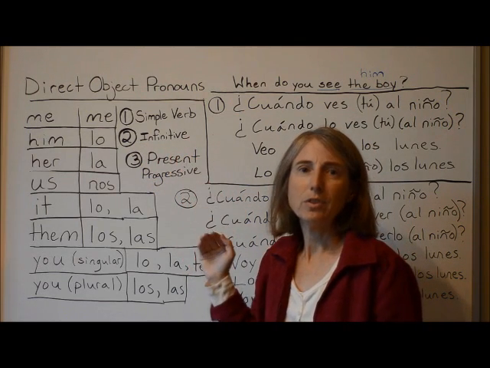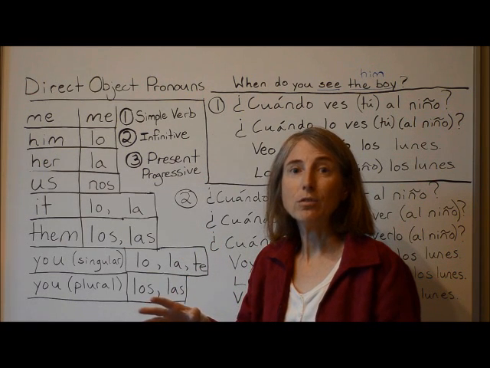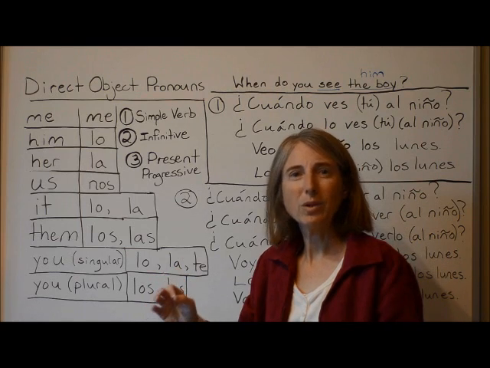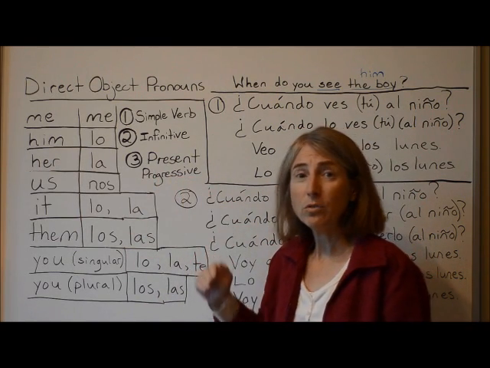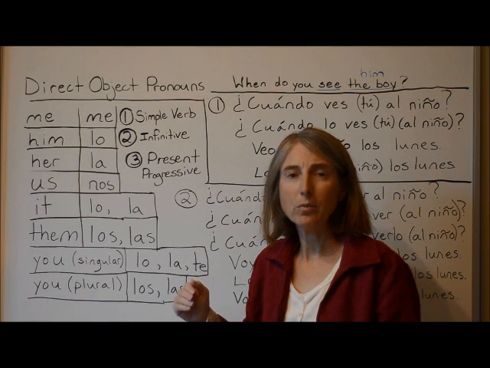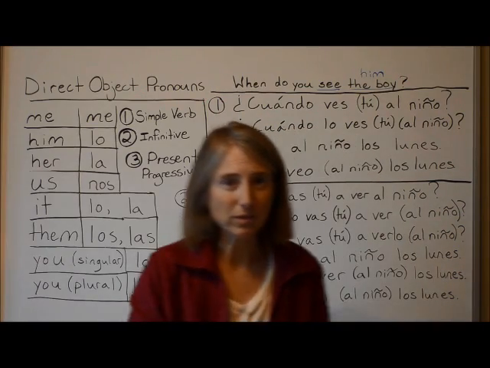The second type of sentence would be when we have a verb phrase that includes an infinitive verb, because the direct object pronoun behaves a little differently with the infinitive verb. And we also are going to talk about how to use the direct object pronouns with the present progressive verb tense.